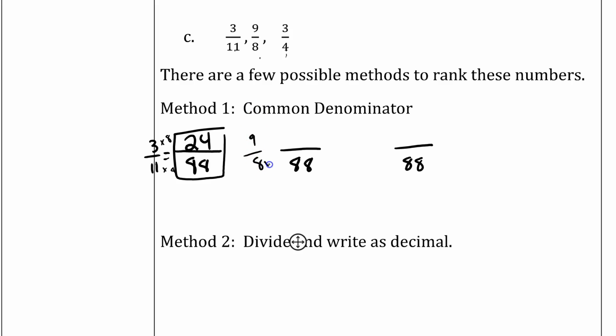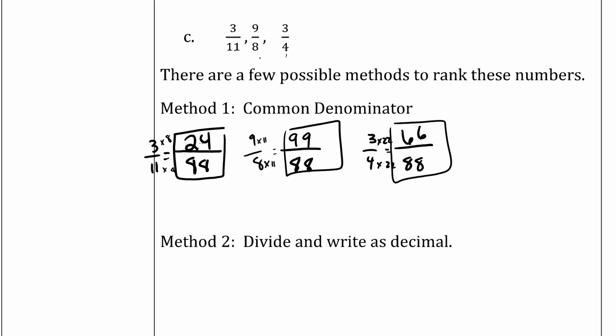We multiply both by 11, so that's 99 over 88. Clearly 99 is bigger than 24, so 24 so far is the smallest. For 3/4, I multiply both by 22, which is 66 over 88. So if we're ranking them from least to greatest, this one is first, this one is second, and this one will be third.